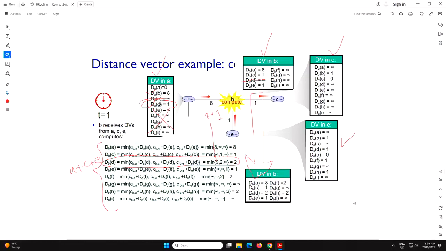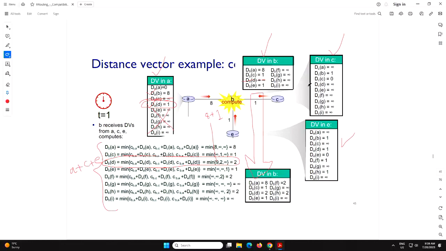Okay, so that's one neighbor. But we said that B has also received, quickly within a very small time frame, from C. So have a look at C. Does C have anything with D?